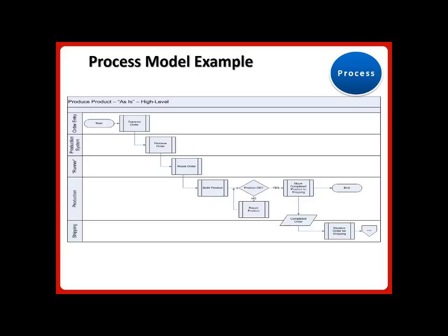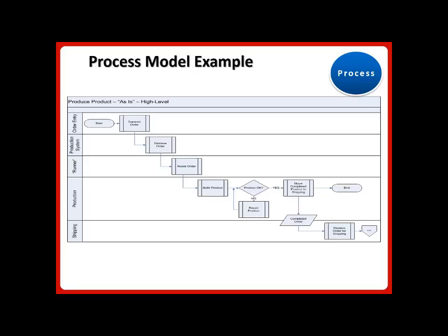The horizontal lines represent the swim lanes. And so what we can see, and again, I like to keep these at a high level, we can see the order entry, they transmit an order, that order goes to another area and goes to another area, etc. When I want the details, I will explode out the high-level processes.